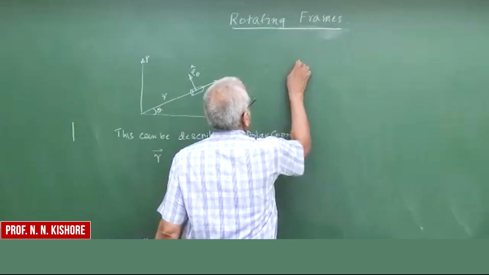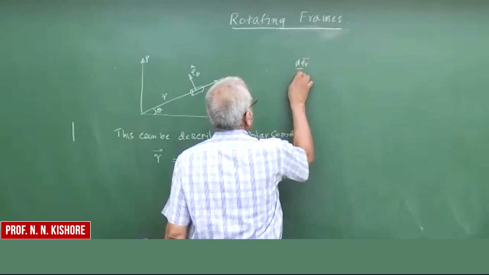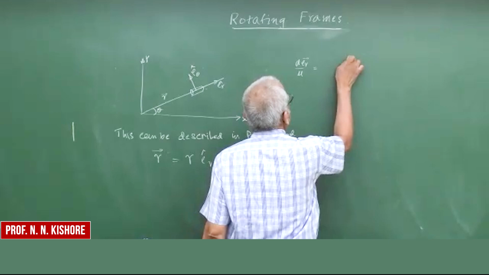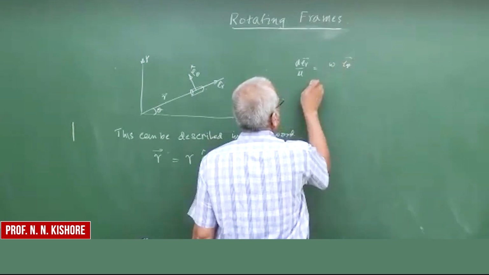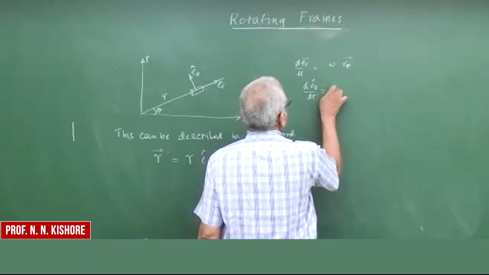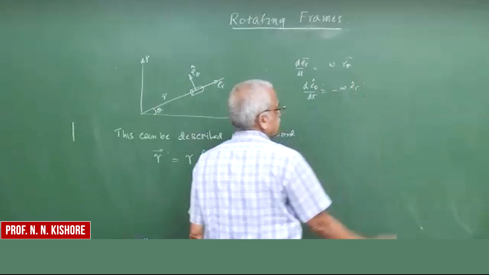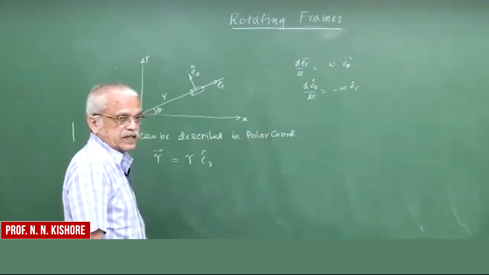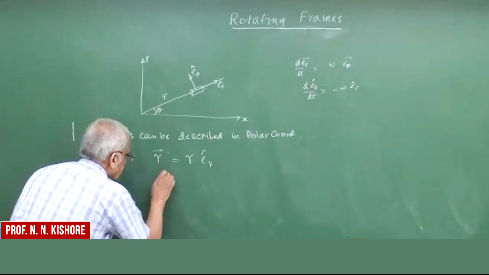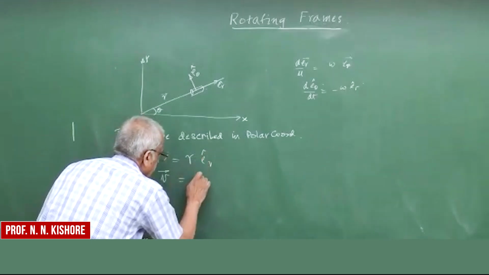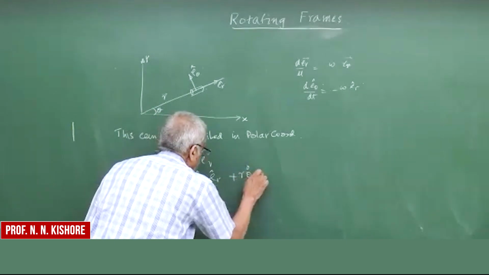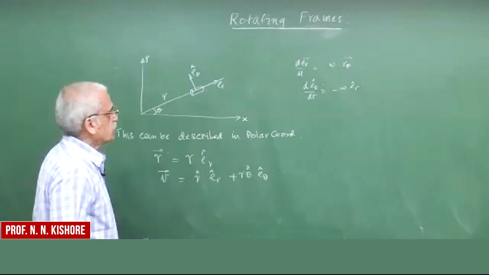Remember? E theta, right? Theta dot or omega. This is what we did. Okay. So anyway, going through that procedure, we had velocity as R dot ER plus R theta dot E theta.